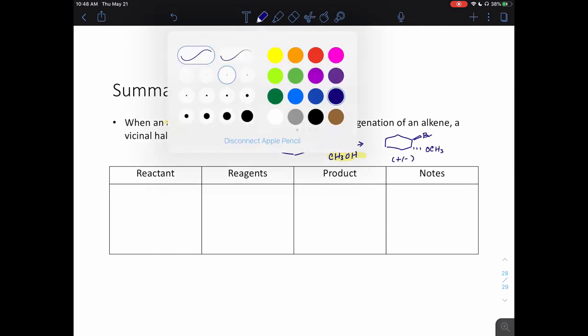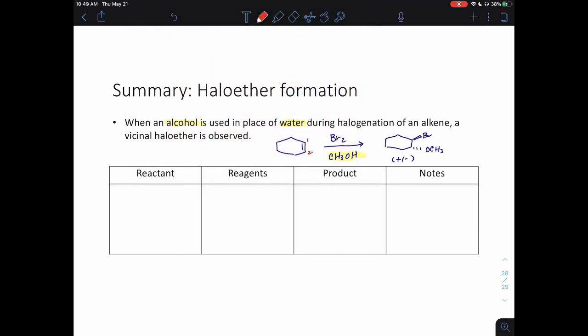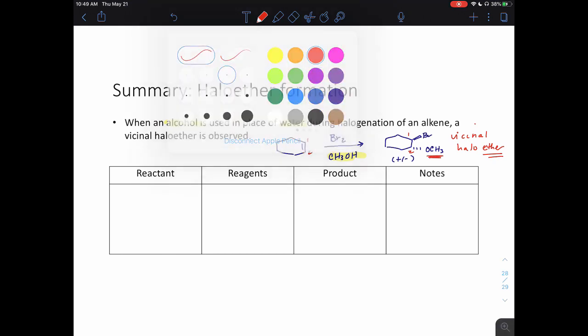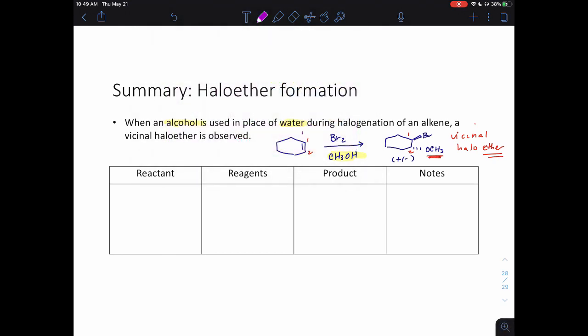So there's a 1-2 relationship between the functional groups. That's where the vicinal comes from. Ether this time, because instead of OH, it's OR. It goes by the same exact mechanism.